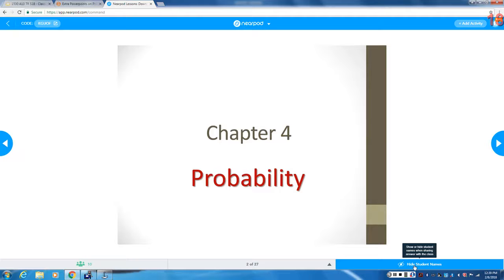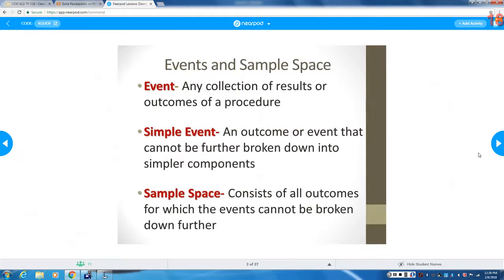Okay, so everybody enter that. This is probability, chapter 4.